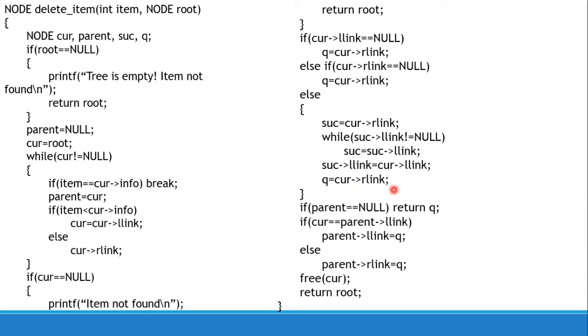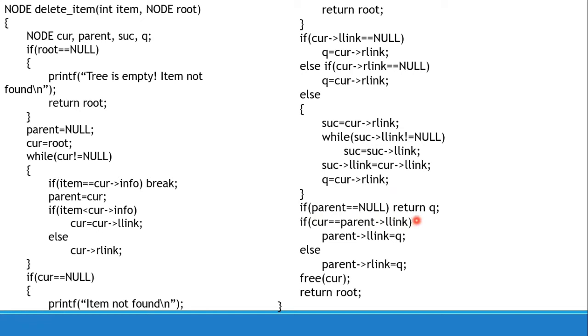Now after case 1 and 2, it is required to attach the right subtree of the node to be deleted to the parent of the node to be deleted. If the parent of the node to be deleted does not exist, then return q itself as the node. Using this statement: if parent equals null, then return q.